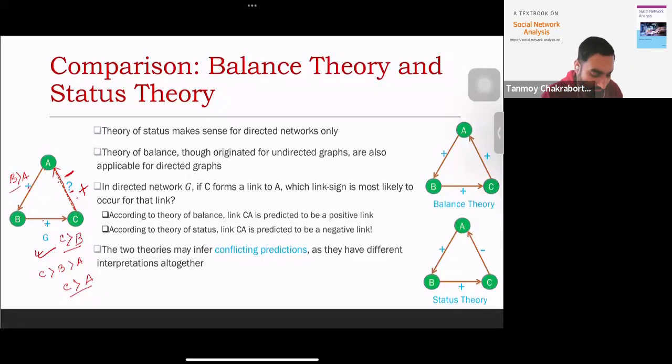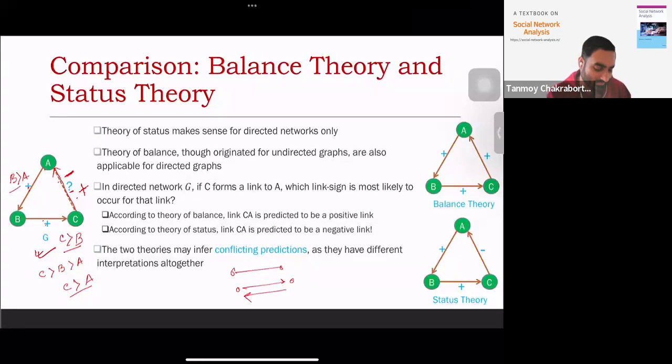Okay, so now, the differences are a little bit tricky, but when we discuss status theory, the link should always be directed. Now if there's an undirected link, then you consider it as a two-way direction. An undirected link is nothing but a direction from this to this and this to this.